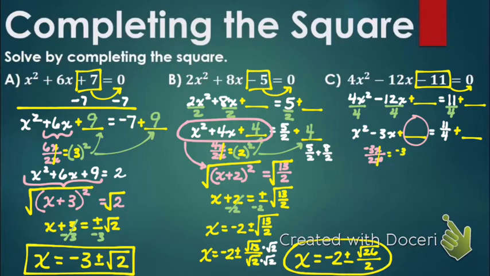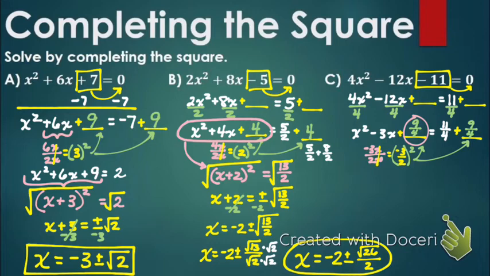So I would have negative 3 over 2, but then I have to take that and square it. So 9 over 4. How convenient. We have a common denominator over on that other side.